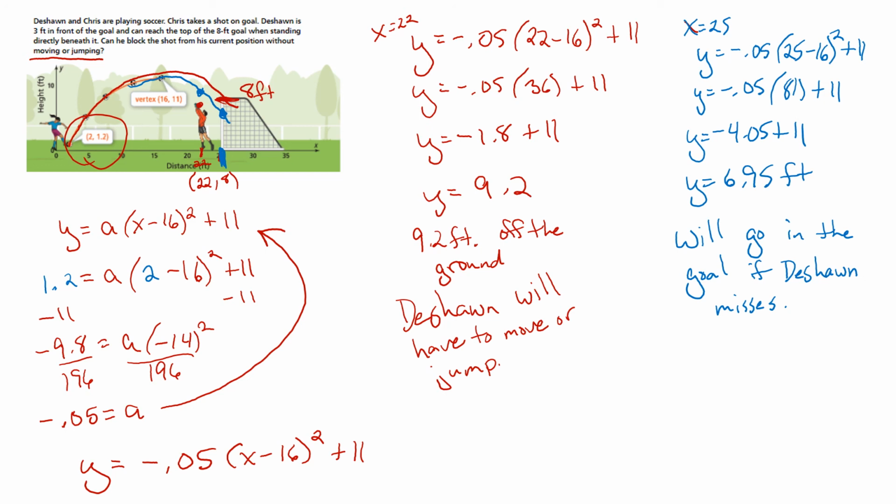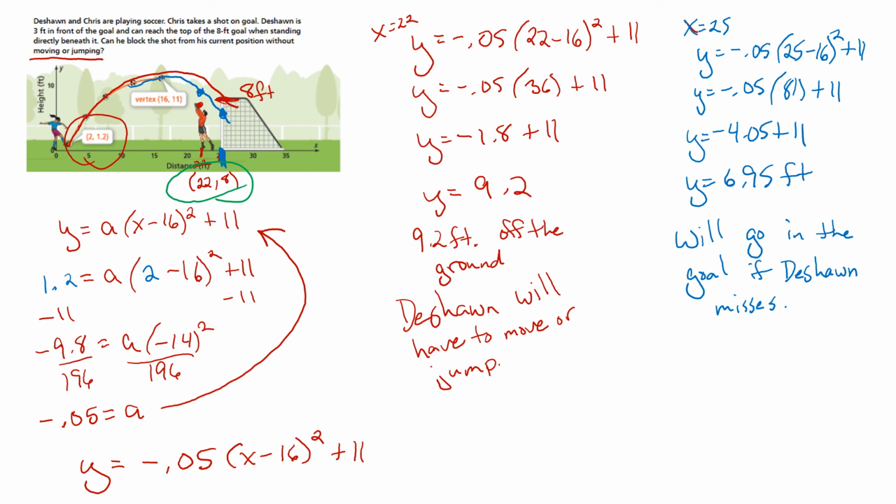Sometimes we just need to take away some of the context of the problem so we can focus on these things. For instance, here, we needed this point, 22, 8. Was it going to be higher than 8 or lower than 8 at 22? And then we did the same thing at 25.